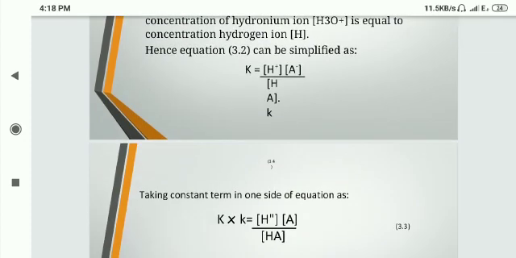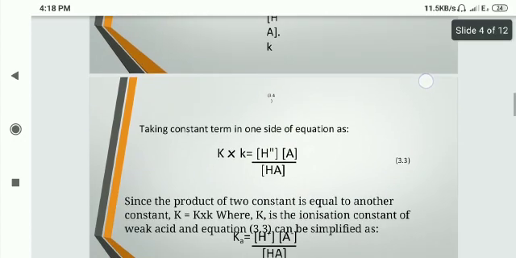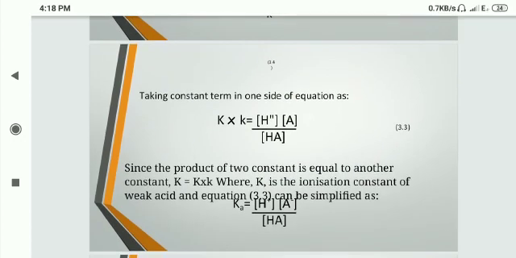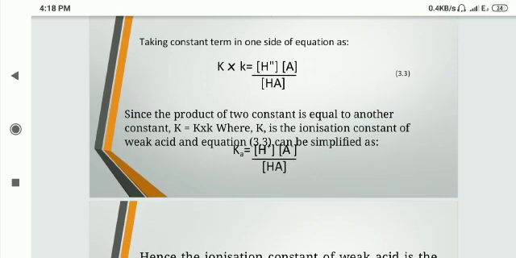Taking the K dash from the right hand side to the left hand side, this equation becomes K into K dash is equal to H plus ion into A minus ion divided by HA. Since the product of these two constants is equal to another constant, this is called capital K, or you can say Ka, the ionization constant of weak acid, and equation 3.3 is simplified as Ka is equal to concentration of H plus ion into concentration of A minus ion divided by HA.